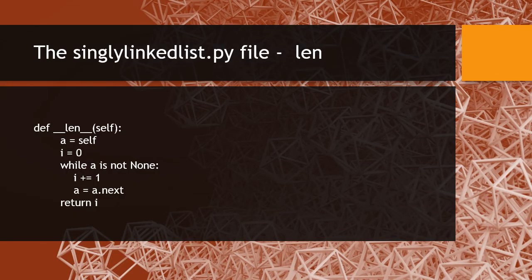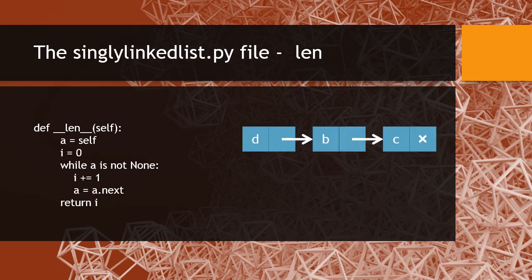Now we look at the len function for our class ListNode, and you know that the len function gives you the length of a data structure. In our case, it will give us the number of nodes in the singly linked list. What we will pass to the len function is a pointer to the first node of the singly linked list.